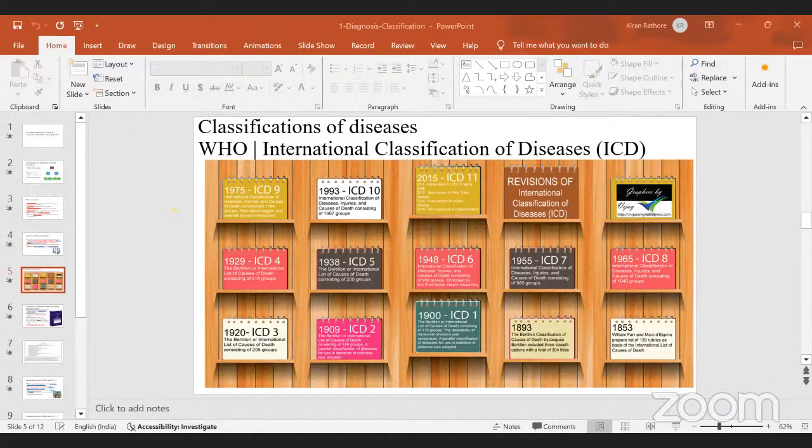ICD-10 had an F alphabet for all the disorders, and then the numbers would increase from 0 to 1, 2, 3, 4, like that.